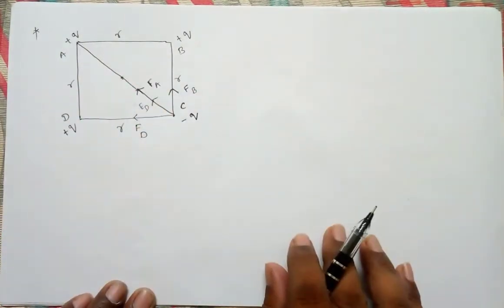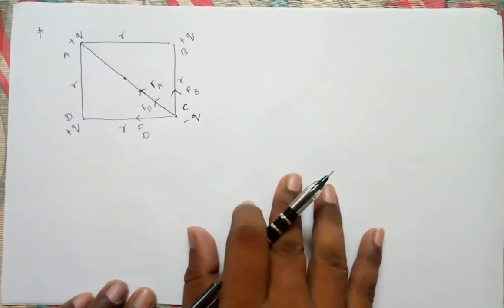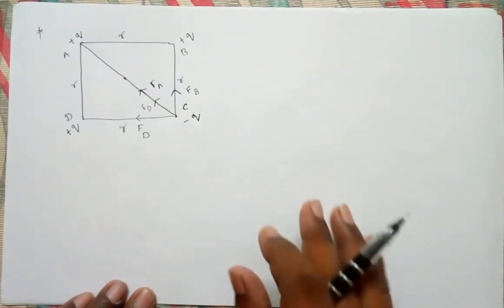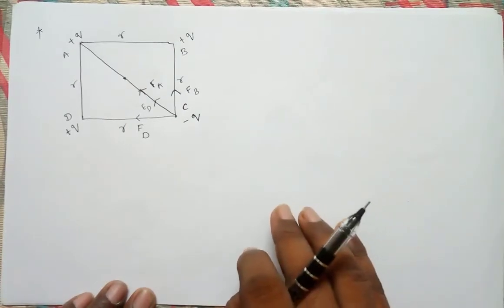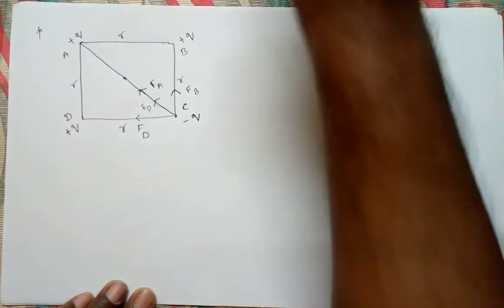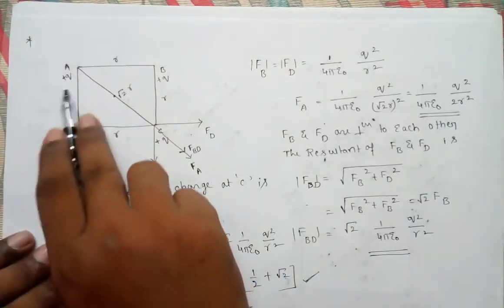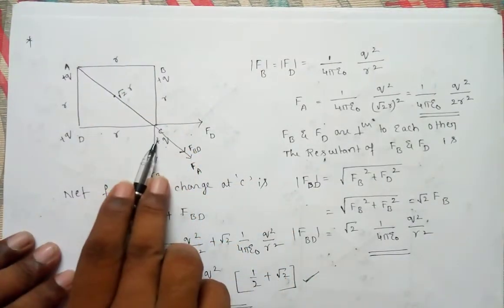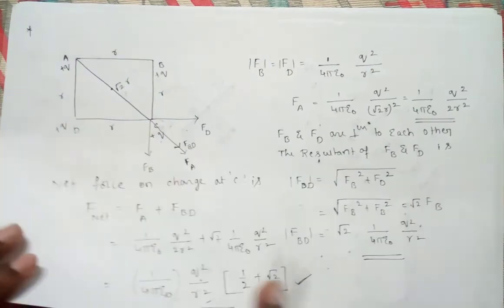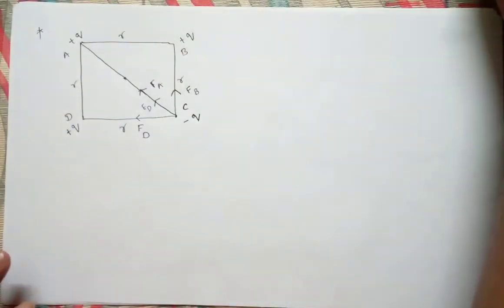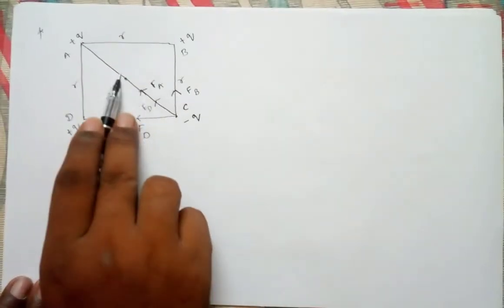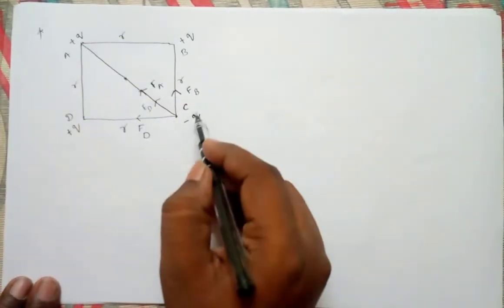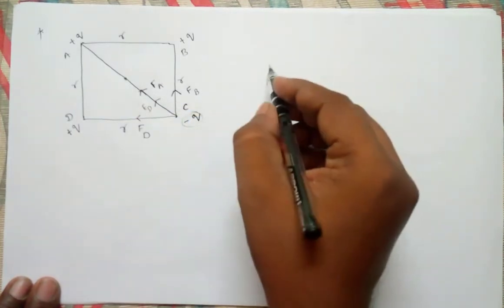The result remains the same, only the direction is reversed. If positive charges are located at all the corners, the resultant will be away from the center. But in this case it is towards the center because one charge is negative. The result remains the same.